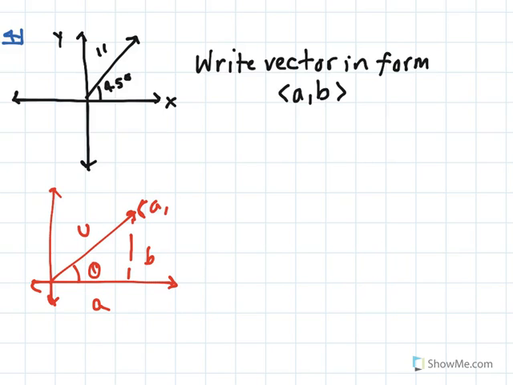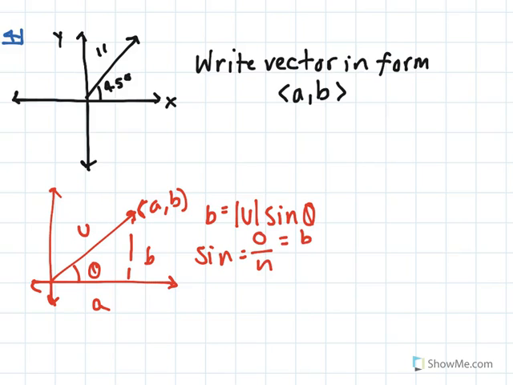So b is equal to our magnitude U times sine theta, because sine is opposite over hypotenuse, and our opposite is b, and our hypotenuse is our magnitude U.